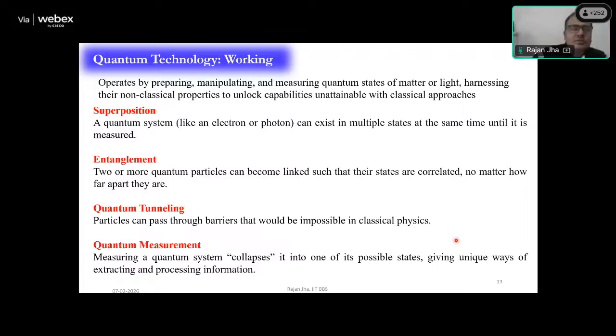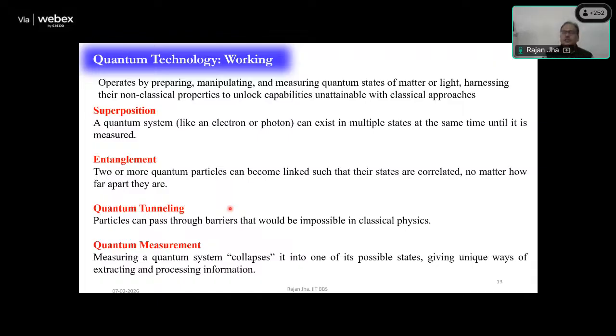So quantum systems have the beauty, when I say quantum systems, that means you are talking about any size of the order of 10 to the power minus 9 or energy levels which are a discrete set, not a continuous set. You can talk about quantum systems like atoms or electrons, whose sizes are of the order of or lower than 10 to the power minus 9 meter. These quantum systems can exist in multiple states at the same time, unless measured. And this is the beauty of quantum systems.